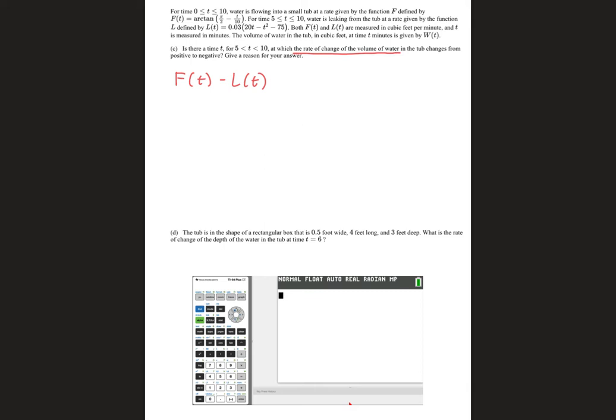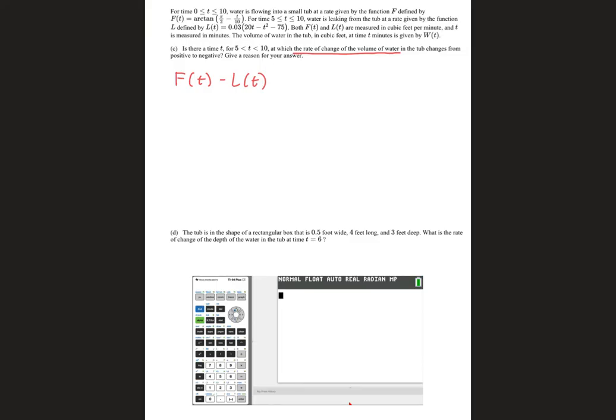So the difference is the rate of change of the actual volume of water in the tub. We want to know, is there a time on this interval from 5 to 10 where this function, which is really the subtraction of two functions but is a function on its own, changes from positive to negative?